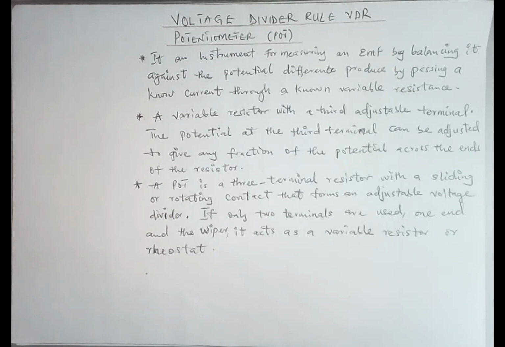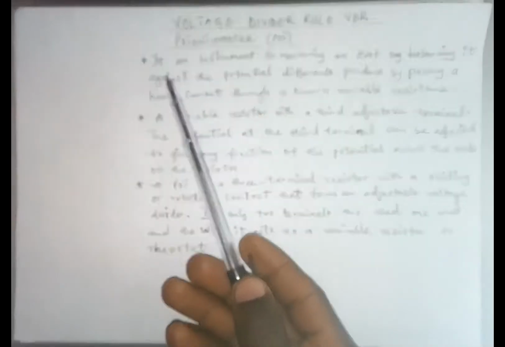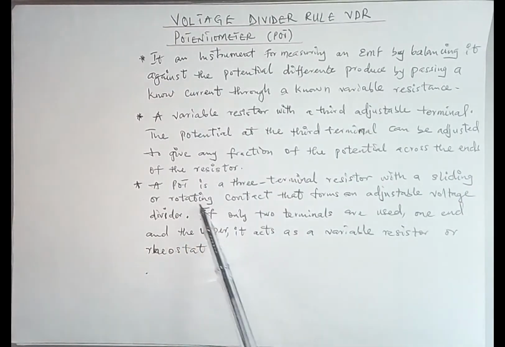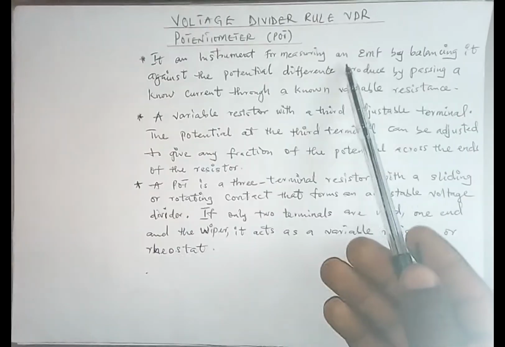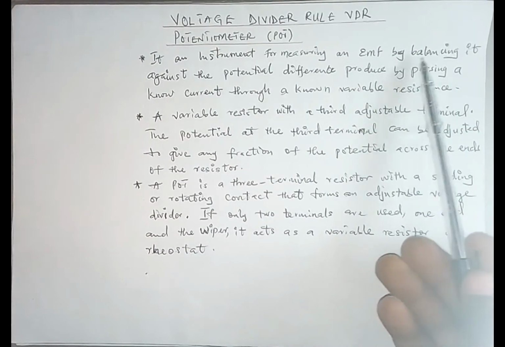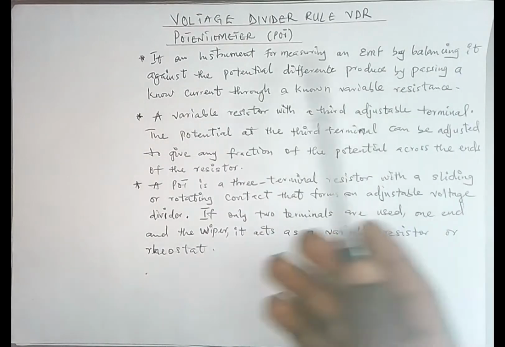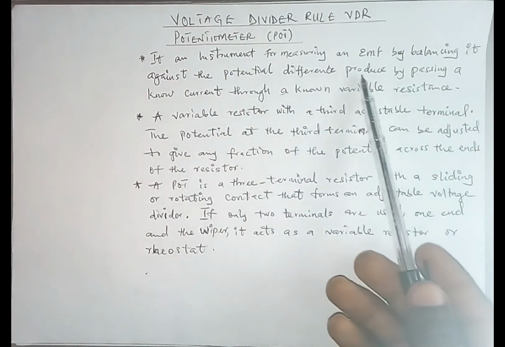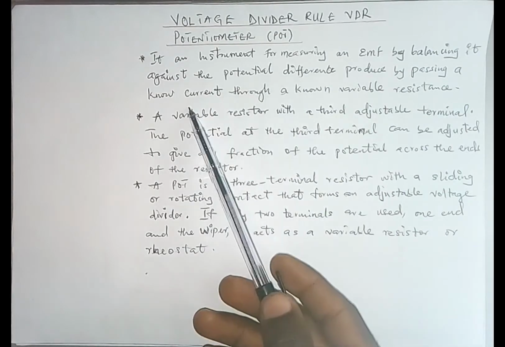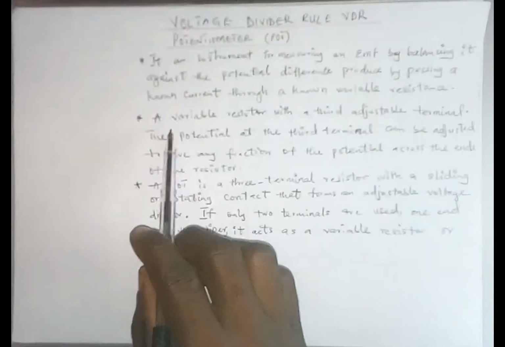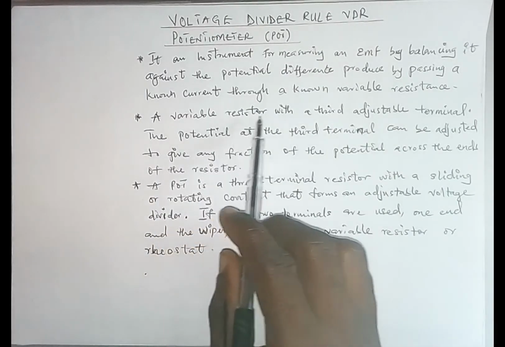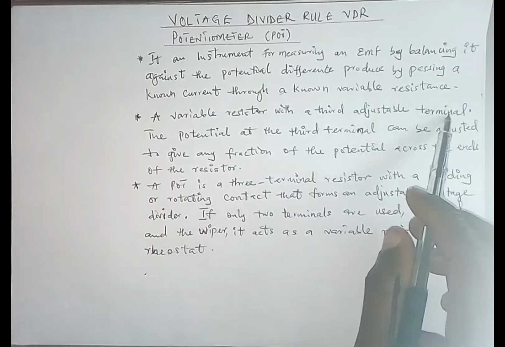So according to Wikipedia, we have a potentiometer is an instrument for measuring an EMF, basically by balancing it against the potential difference produced by passing a known current through a known variable resistance. Also, it can be regarded as a variable resistor with a third adjustable terminal.